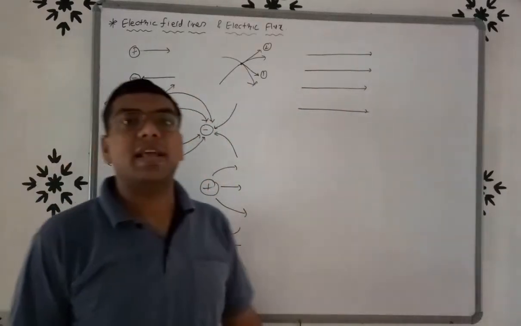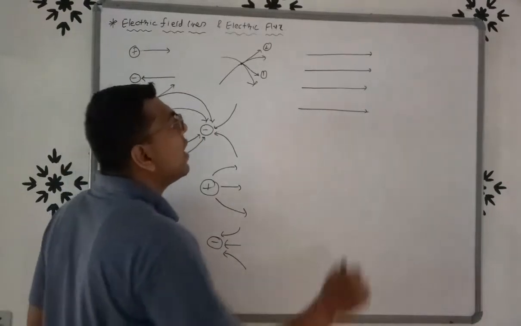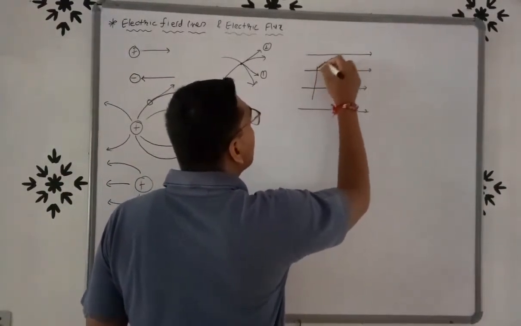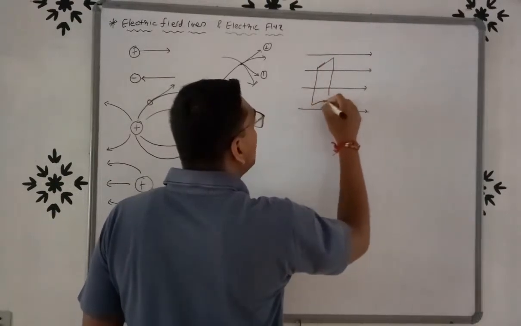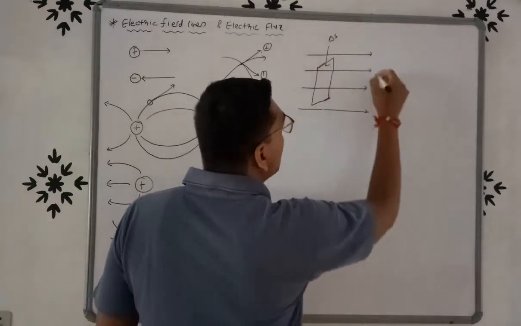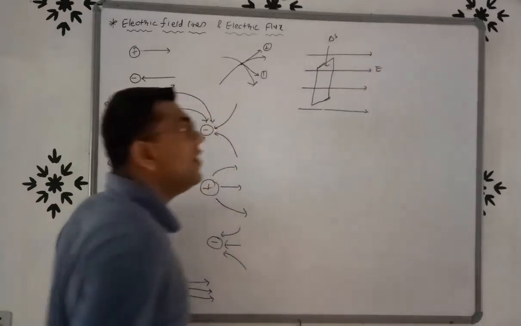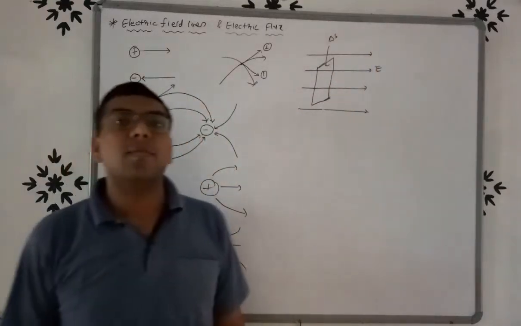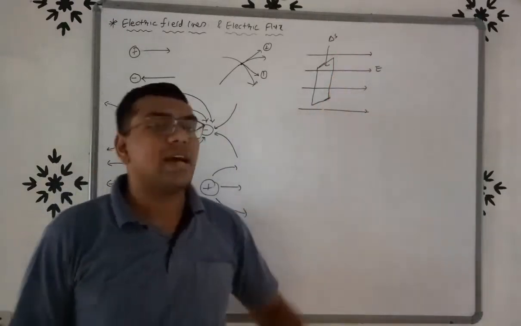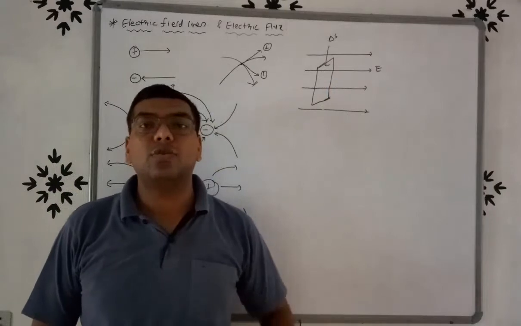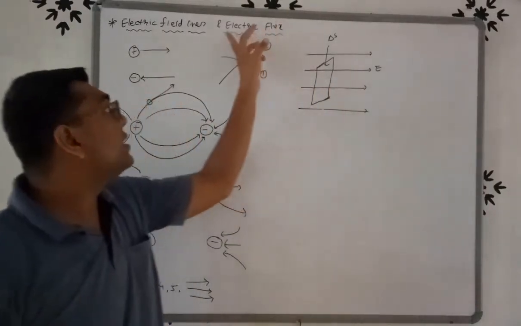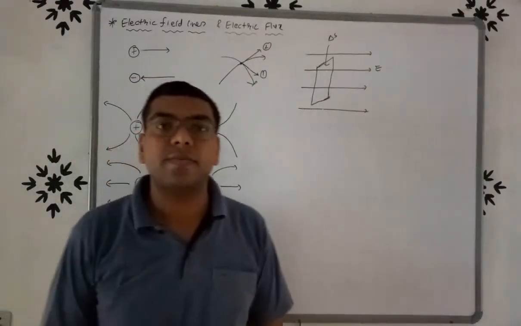If we place an area delta S normal to the electric field, then the number of electric field lines passing through this area is known as electric flux.